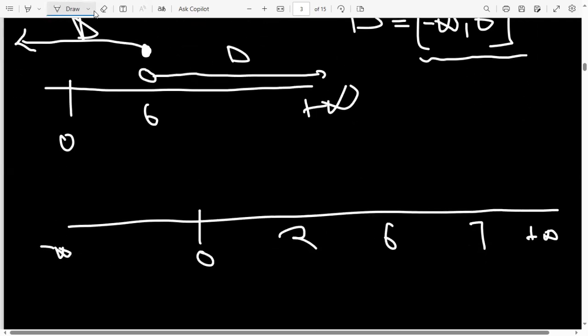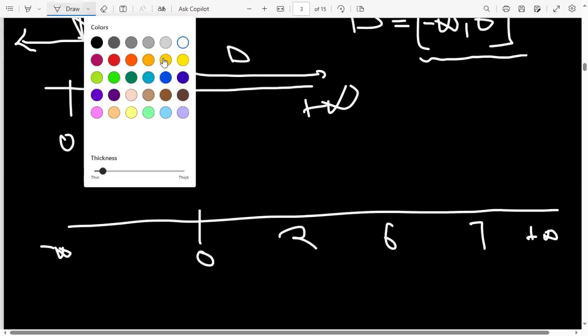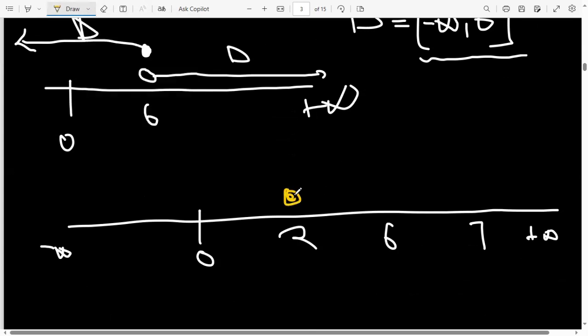Let's plot first this set, the B. B is 2 to 7, and the 2 and the 7 are both included. So we are going to shade the circle here on top, and the circle there, and this here is our set B. Now let's show the set D complement.